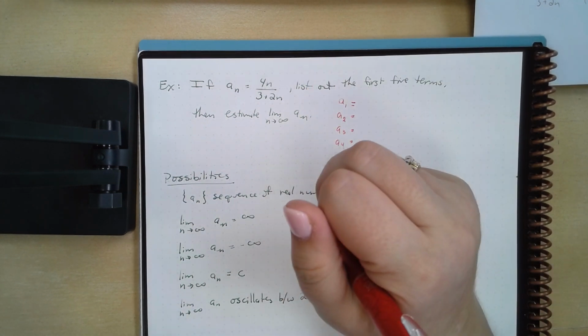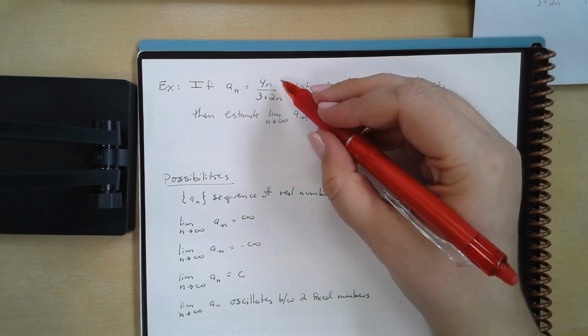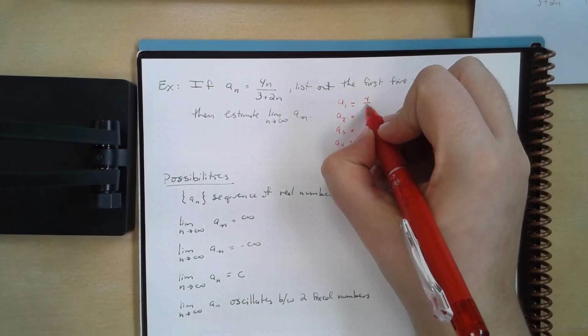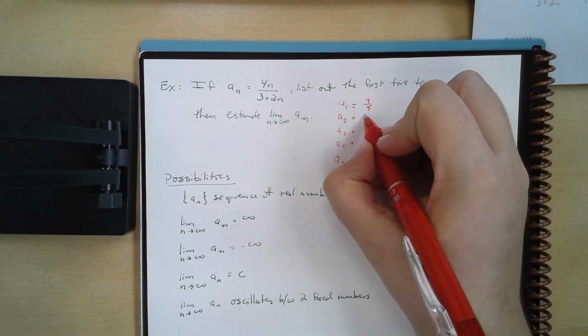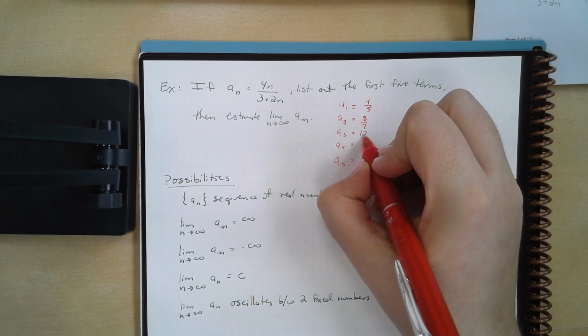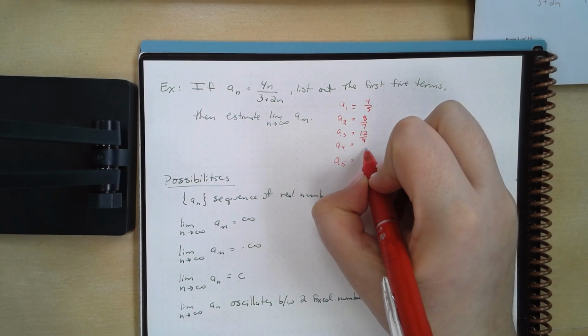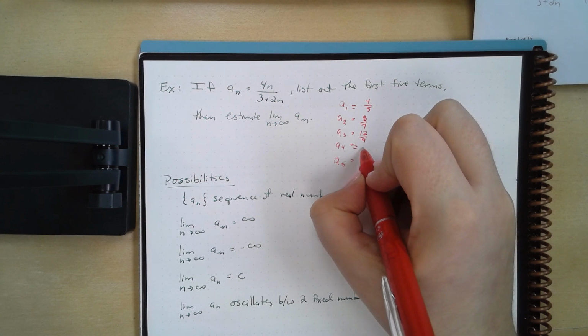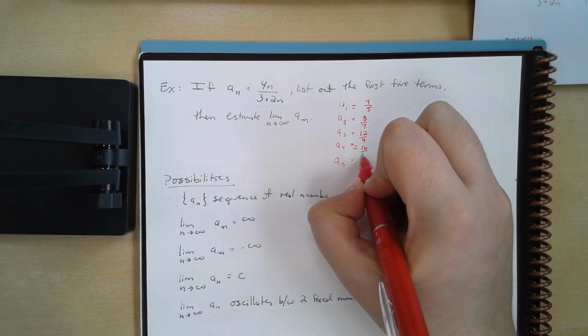That's fine. So a sub 1, we're going to have 4 over 3 plus 2, which is 4/5. A sub 2, it looks like we're going to have 8/7. A sub 3, we're going to have 12/9. A sub 4, we're going to have 16/11.